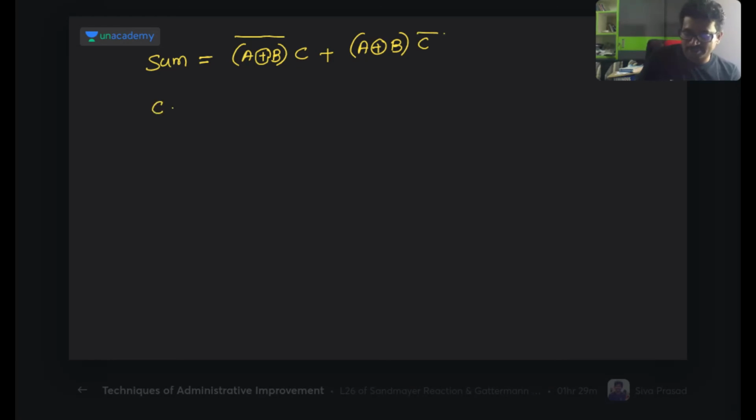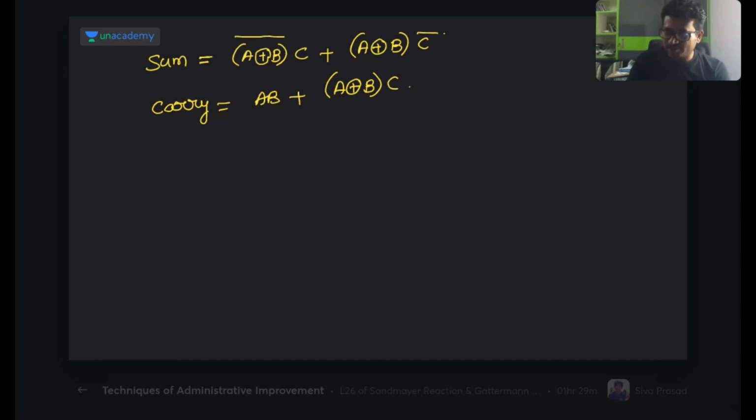And the carry expression is AB plus A XOR B into C, isn't it? Now let's see how we can implement this as a full adder by using two half adders.